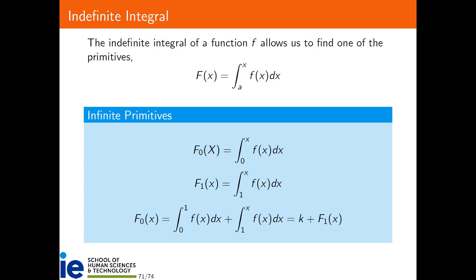That allows us to find primitives. So if I am able to compute an integral, then I'm able to find a primitive by using what I call an indefinite integral, meaning an integral where the variable x is one of the extremes of integration.